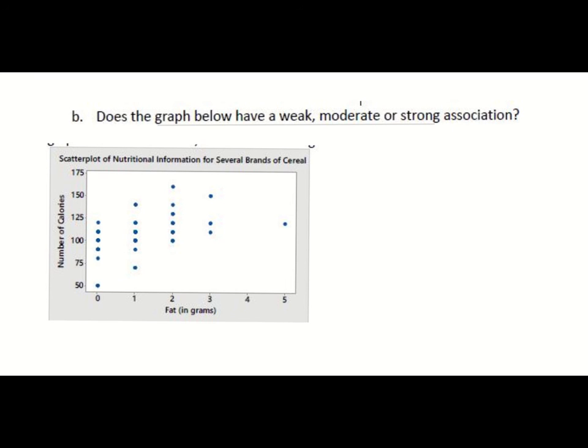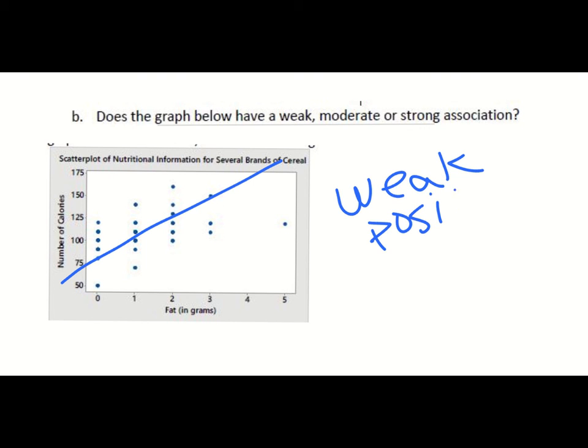And then again, here's one last one. Here's that cereal one again, where we put the line in here. And this one, you'll notice that all of your dots are getting far away from this. So this, we basically say, is a weak positive linear association.